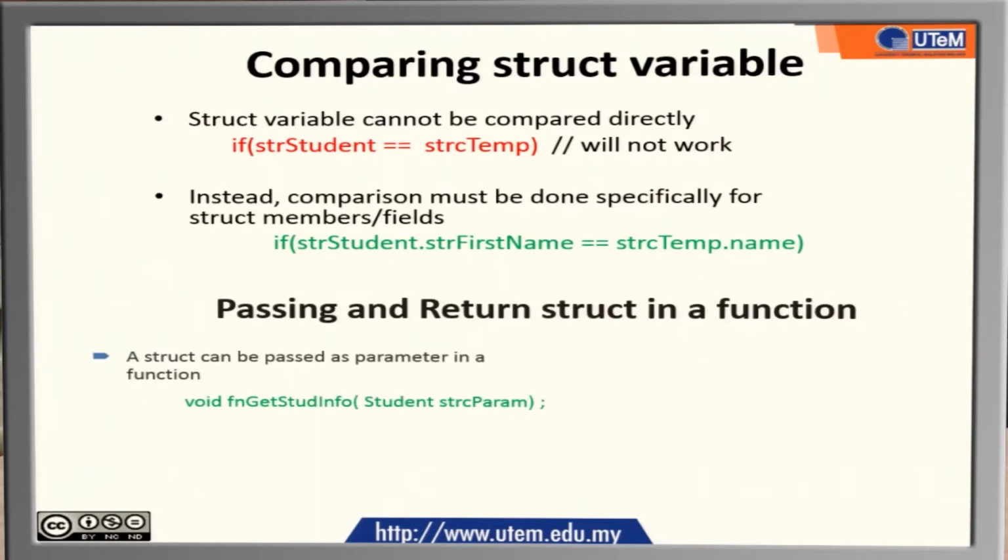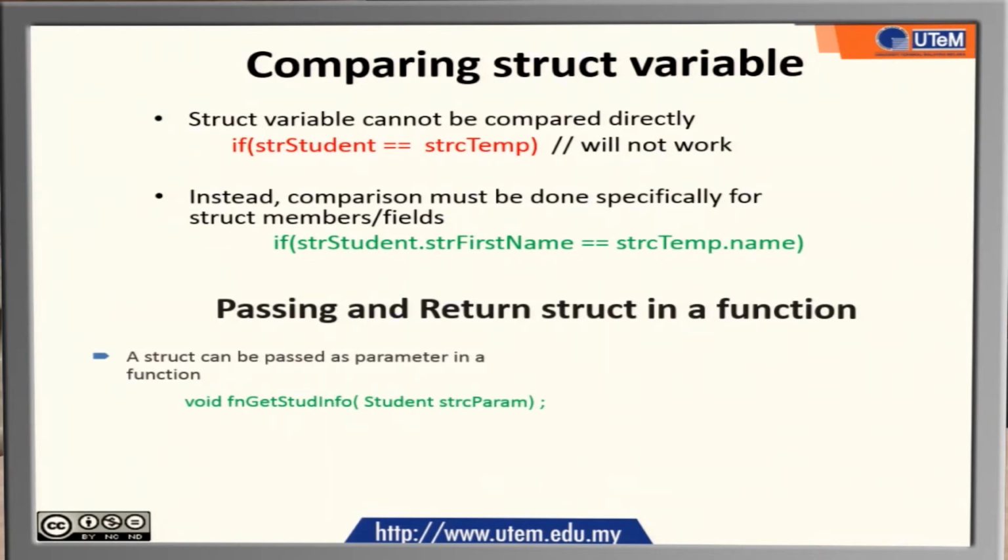Okay, to compare a struct variable, you cannot directly compare a struct with another struct. This will produce a compile error. So to compare it, you have to use the dot also and compare member to member, or compare the member to a certain value.